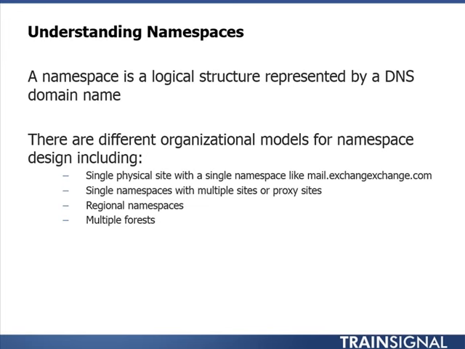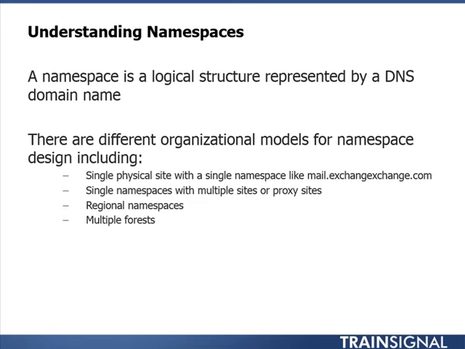Now, this reduces the need for proxying, but now you have more DNS records and more certificates to worry about. So again, there's pros and cons to each of these options depending on what you want to do. And then, of course, your client computers need to be configured with the appropriate URL, that external URL that's going to get them to their client access server easier. And then another factor is that client computers have to be configured with the proper external URL.